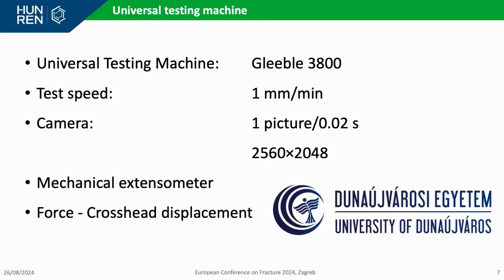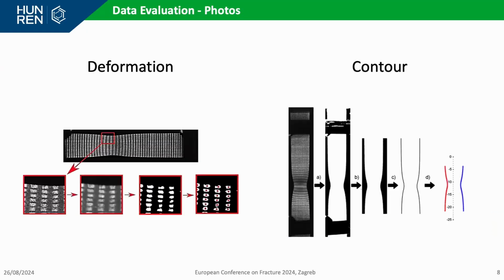So the tests were carried out at the University of Dunaújváros on a Global universal testing machine, and we took 50 pictures every second, and we also measured the strain, the force, and the displacement. After the experiments were carried out, we had to further process the data, the strain, the force, the displacement, and also the photos.